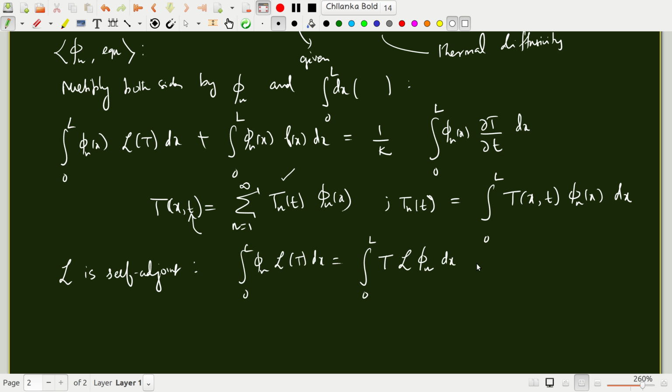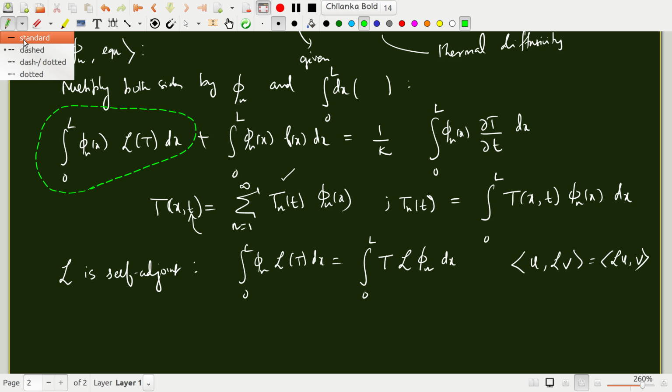That's the meaning of self-adjoint, because the boundary terms vanish. u L v is L u v. So that means that what I have here, instead of this, I can now write integral 0 to L T times L phi n dx.